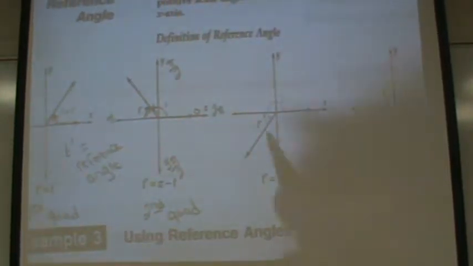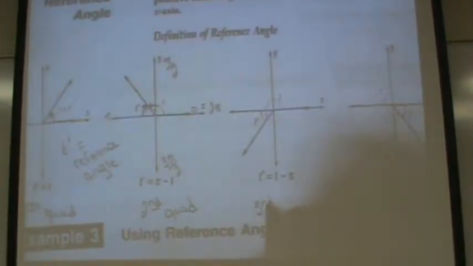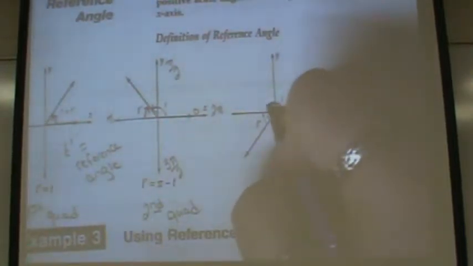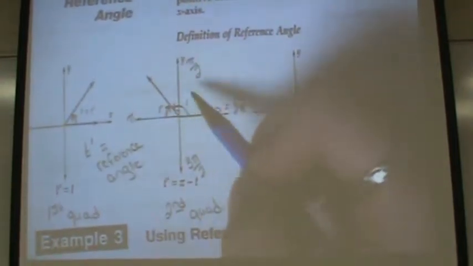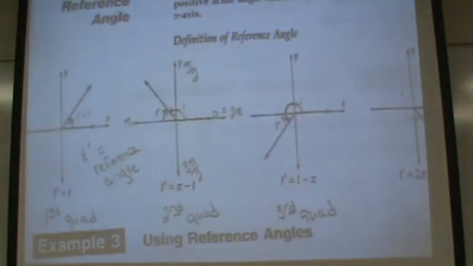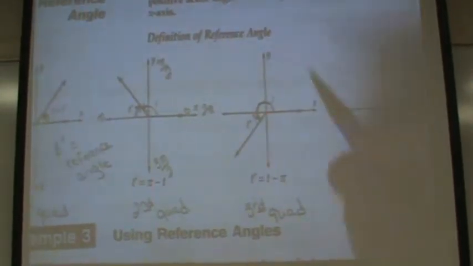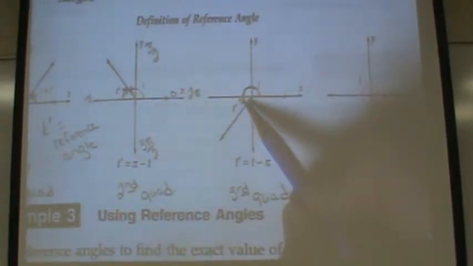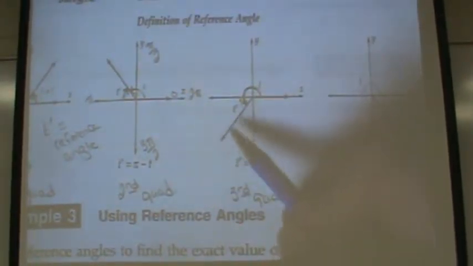A third quadrant example. This is just any given angle. We're not actually finding the specific reference angle. It's just angle T, we're calling it. So for a third quadrant angle, we're rotated into the third quadrant. This is our terminal side.